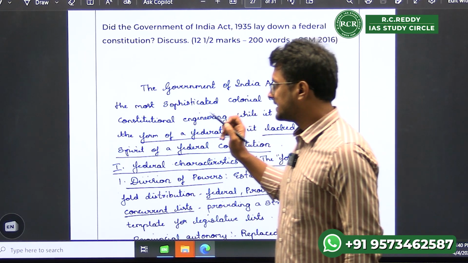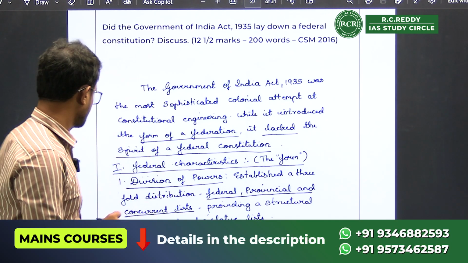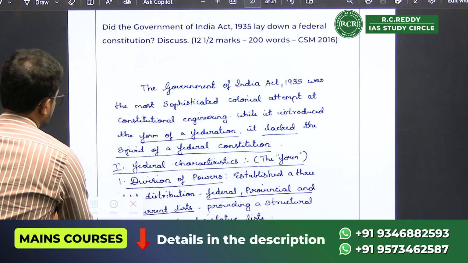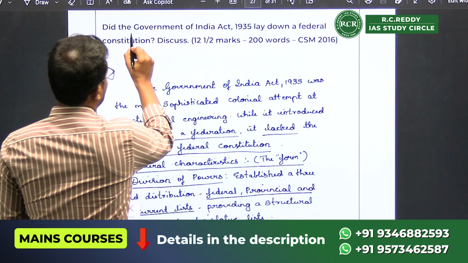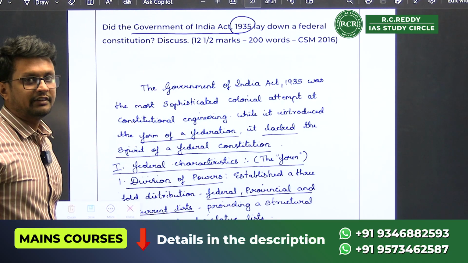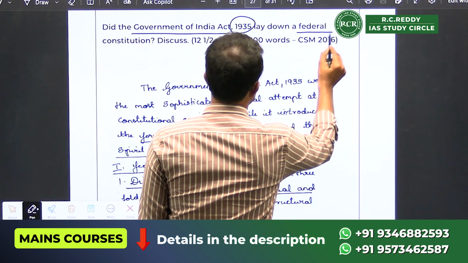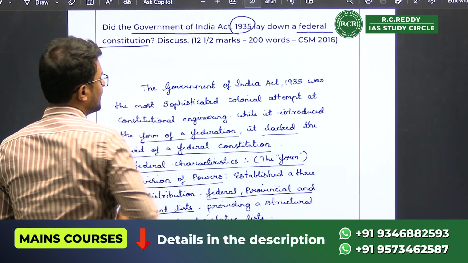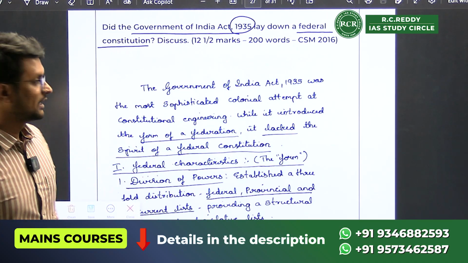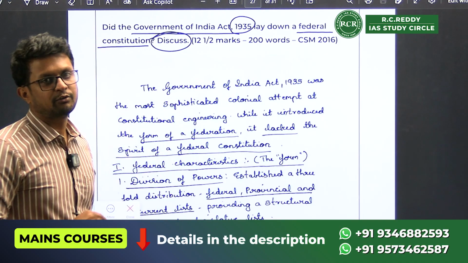With that, we will see the question and understand the demand of the question first. As you can see, the question says, did the Government of India Act 1935 lay down a federal constitution? Discuss. So the question is very straightforward.